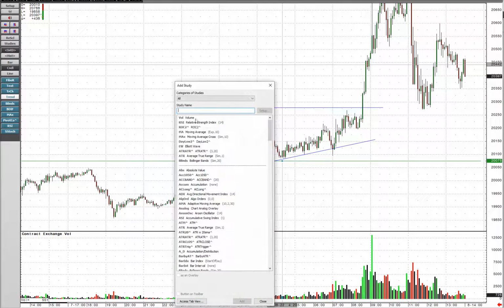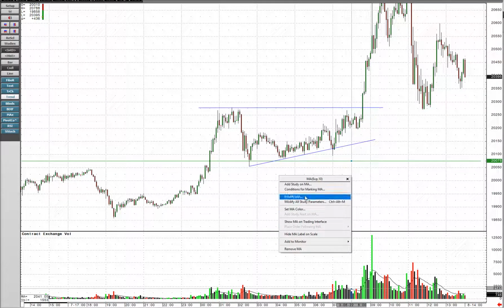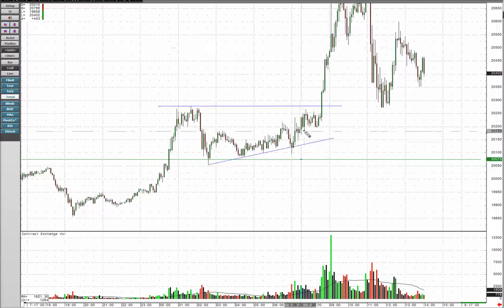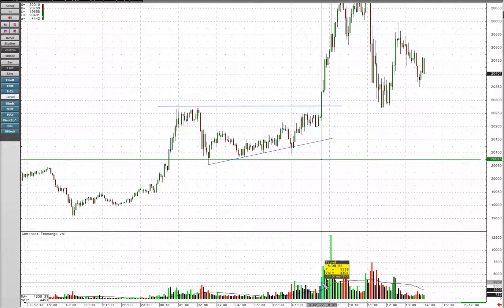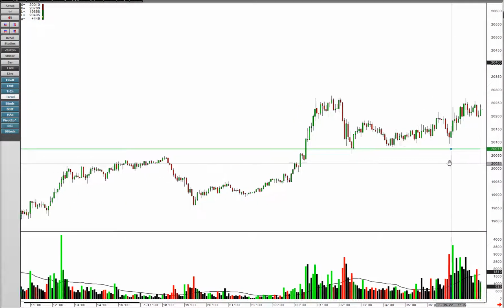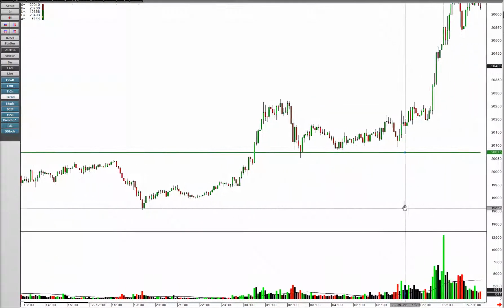So if we put a moving average of volume and use something like a 30 period simple, you can see that in the handle here, before we broke out, we had a little bit of volume dry up. Remember, this stuff doesn't exist yet when we're making this decision here. And you had a couple of low bars. You'd probably want to see more low volume, but it checks a box.